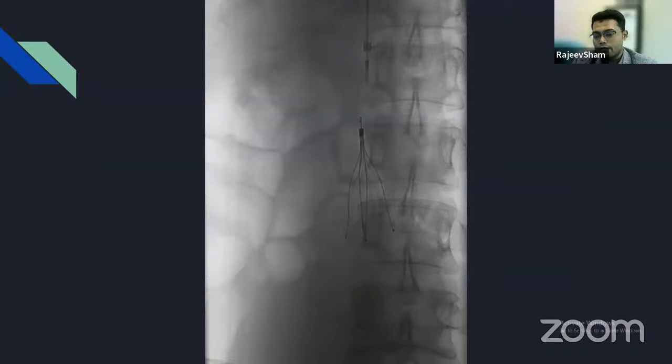This is an IVC filter. Usually we do this if the patient has some tumor or a high risk of pulmonary embolism. This one is to trap the blood clot so that it won't go to the pulmonary artery.